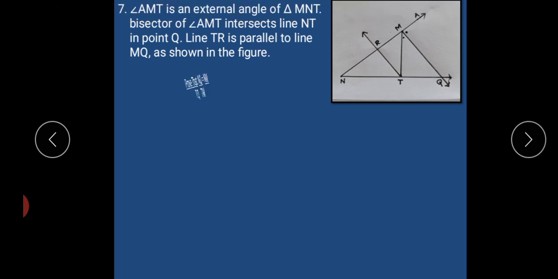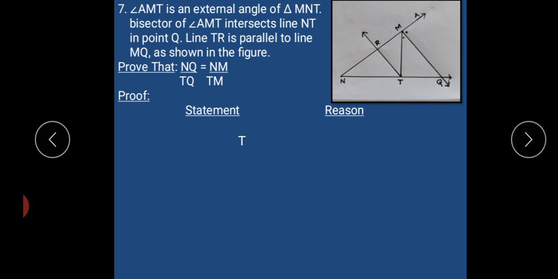What is asked to prove? NQ upon TQ is equal to NM upon TM. Now here, in one triangle there are parallel lines, so obviously we have to go for BPT. Now in triangle NQM, where we have RT parallel to MQ, therefore you will get NT upon TQ is equal to NR upon RM, by BPT.